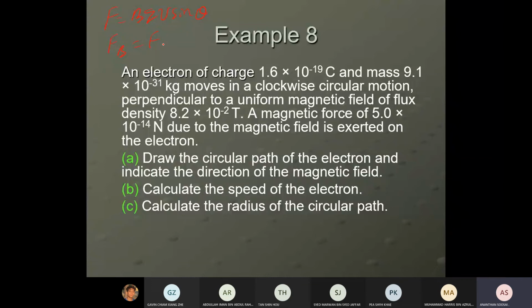Magnetic force equals centripetal force. Okay, so you got the idea.